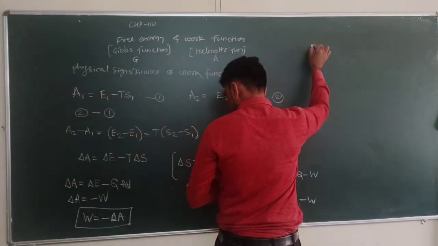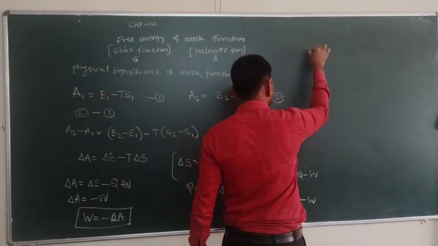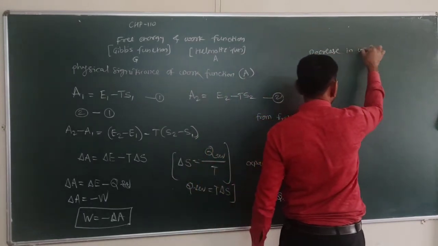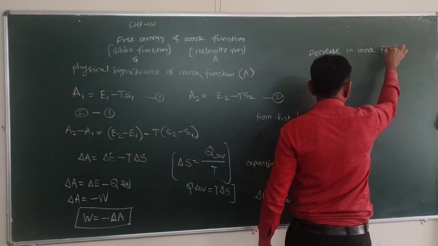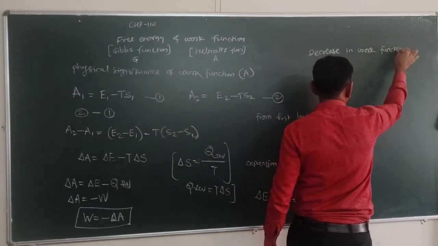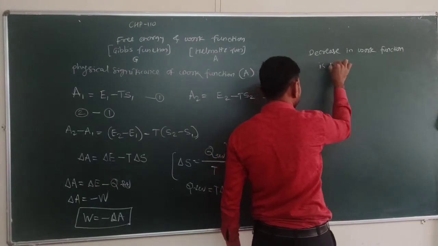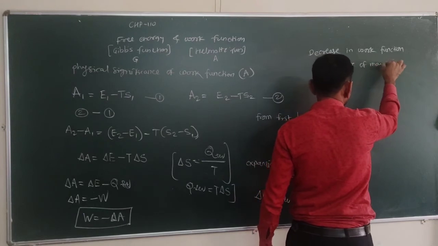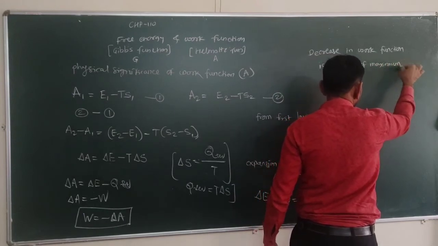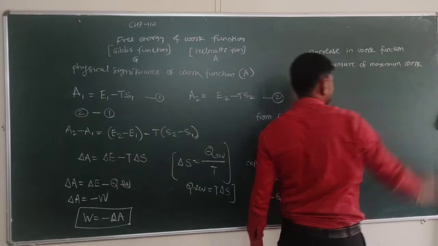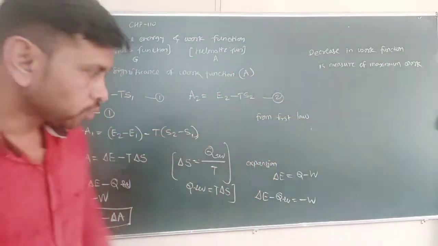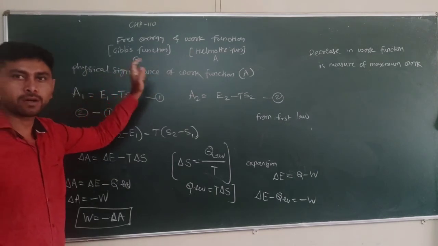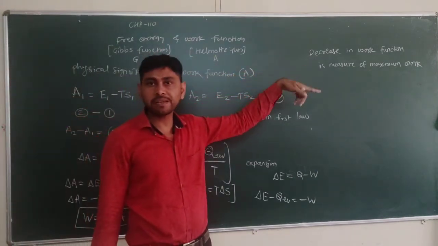So it gives the significance that decrease in work function gives the maximum work. It is a measure of maximum work. So this is about the physical significance of work function. From work function we can calculate maximum work.